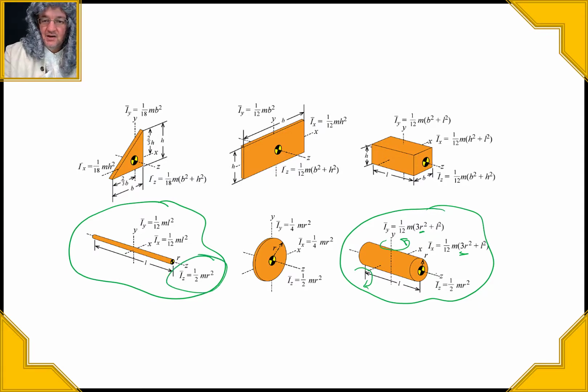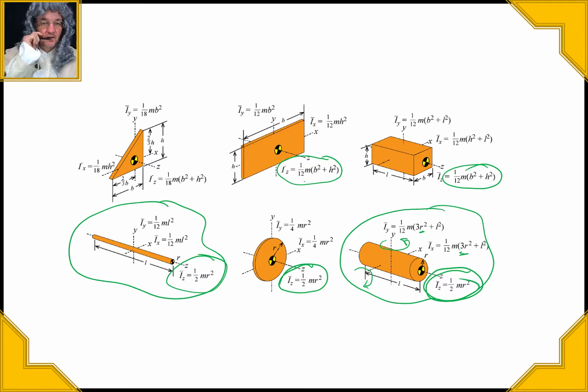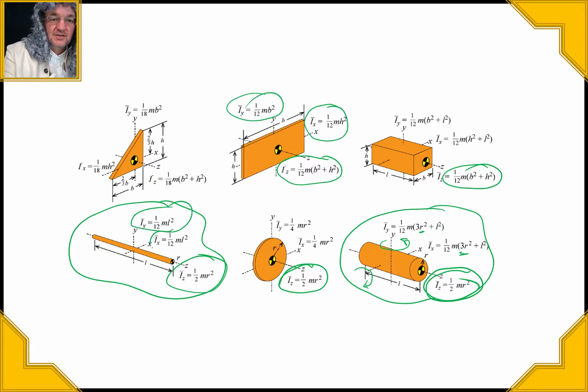Notably, these are the same terms right here. And you could even check out for a disk, it's the same. And a similar thing here about the z-axis. Then they're identical for this rectangle versus this block, but this right here actually looks very similar to these.